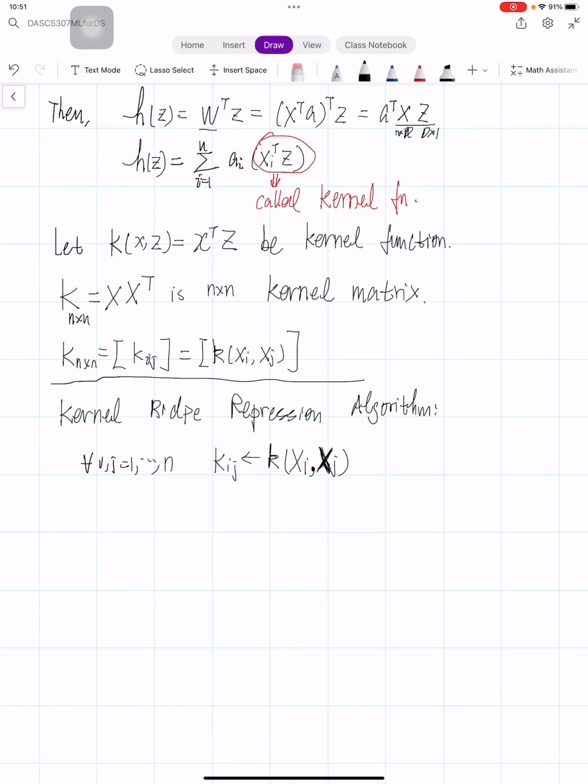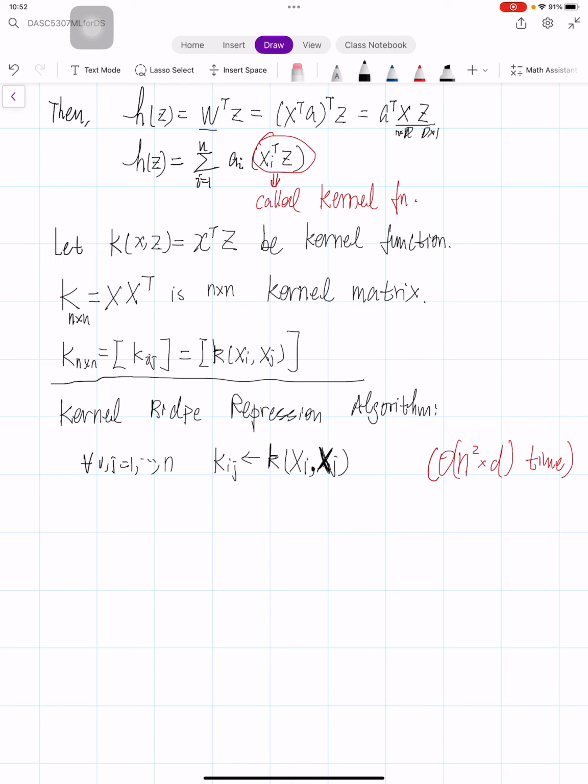This computation takes about n square times d.